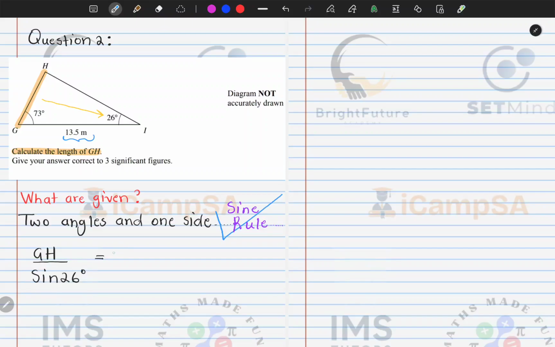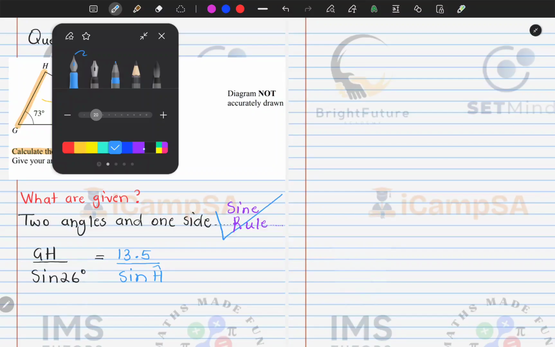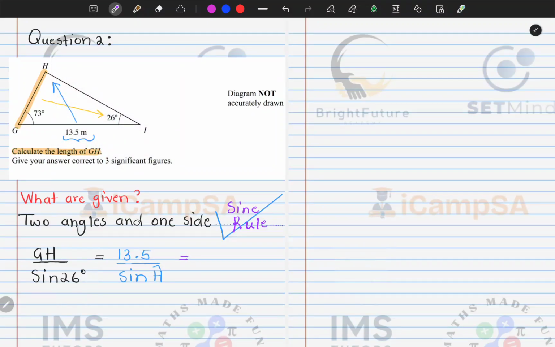So I will have 13.5, and I will divide it by sine of the angle opposite the side, which would be angle H. So this will be divided by sine of angle H. And this will be equal to, so let's put in the last one. The last side would be HI. HI will be divided by, if you look at HI, which is the purple side, the angle opposite it is 73.